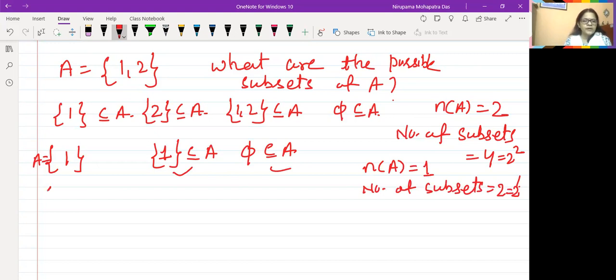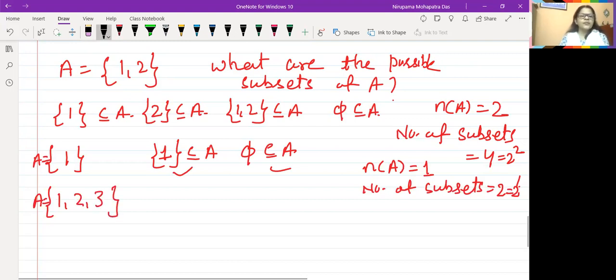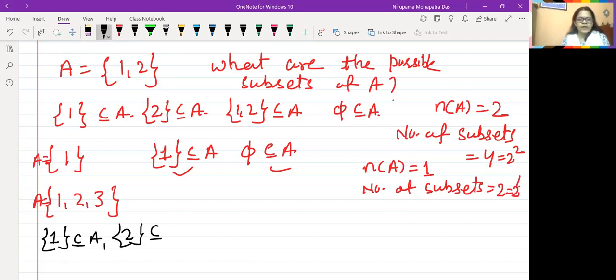If I write here A equal to, having 3 elements, 1, 2, 3, let us find all possible subsets. So 1 is a subset of A, 2 is another subset of A, 3 can be taken as well. These are sets we are taking, just observe.